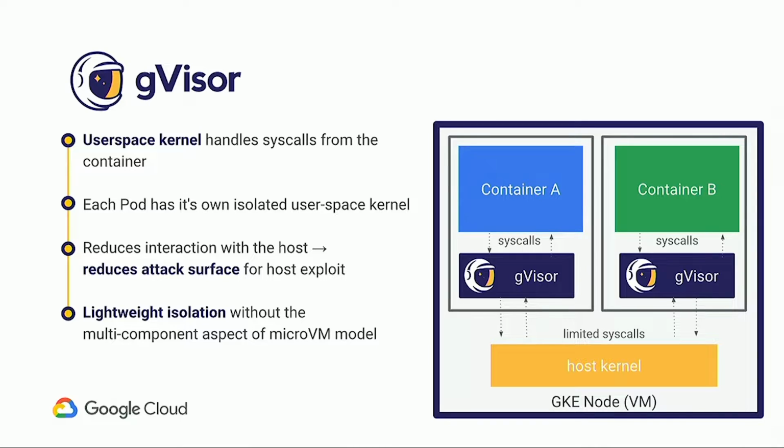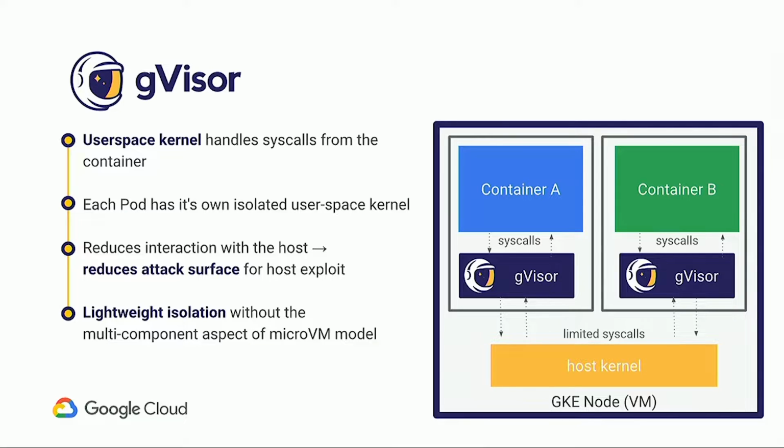What gVisor does is provide a user space kernel that runs in user space with your container. As it runs your container application, it intercepts the system calls that your application makes and handles those in user space. In that sense, it's very similar to something like User-Mode Linux, but it's a totally new kernel implemented in Go using the Go runtime.